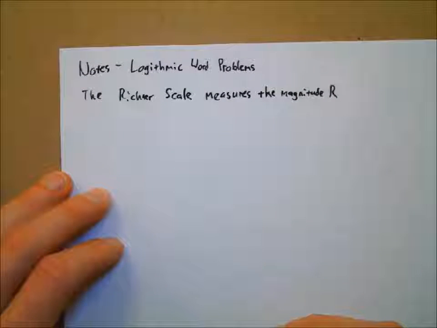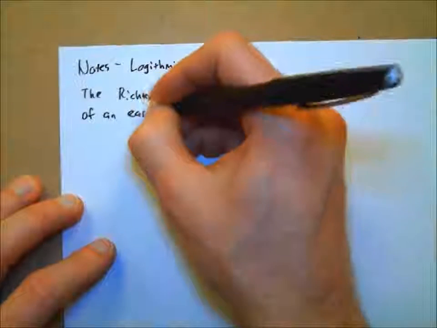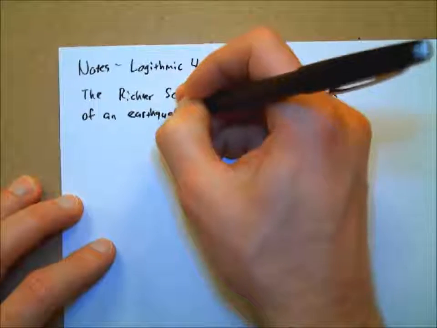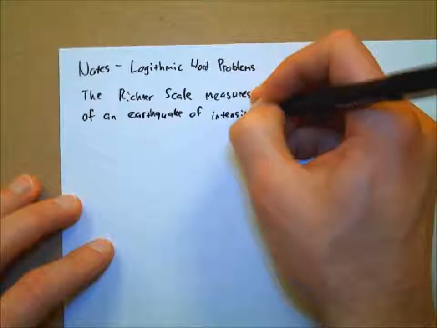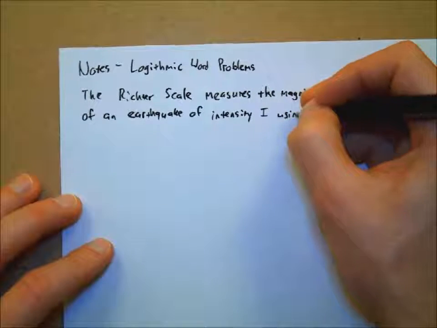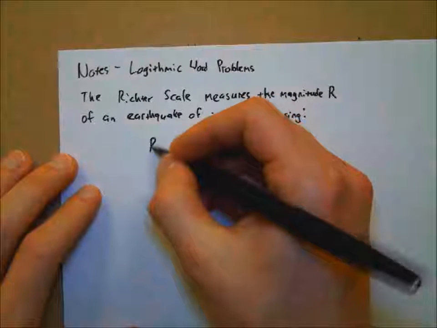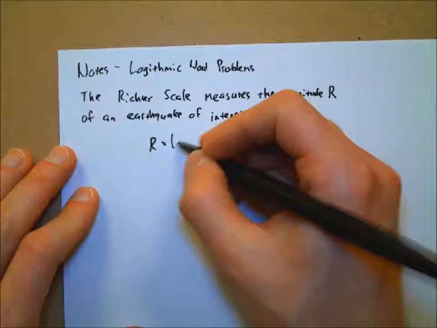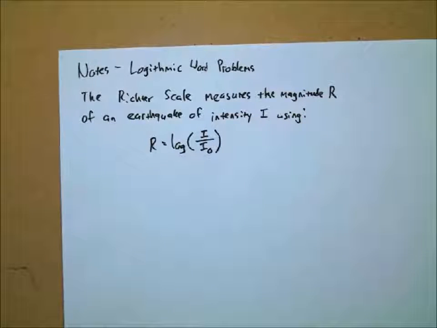So the Richter scale measures the magnitude, capital R, of an earthquake of intensity, capital I, using this format, and it's not too crazy. Capital R equals the log of I over I sub 0.